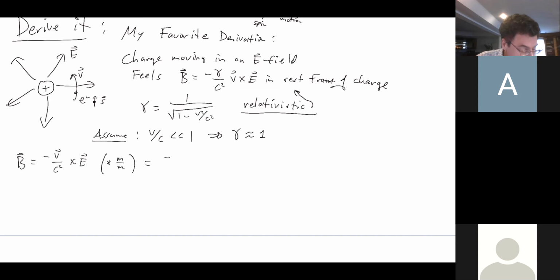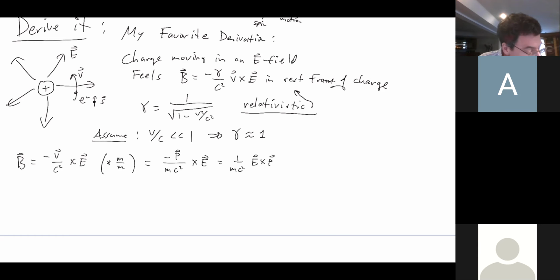So we get minus p over mc squared cross E as the effective B field. Now let's flip the order, in which case, because it's a cross product, there's a negative sign. So this is equal to 1 over mc squared, E cross p. That's the B field experienced by the electron. So remember what we're even talking about.